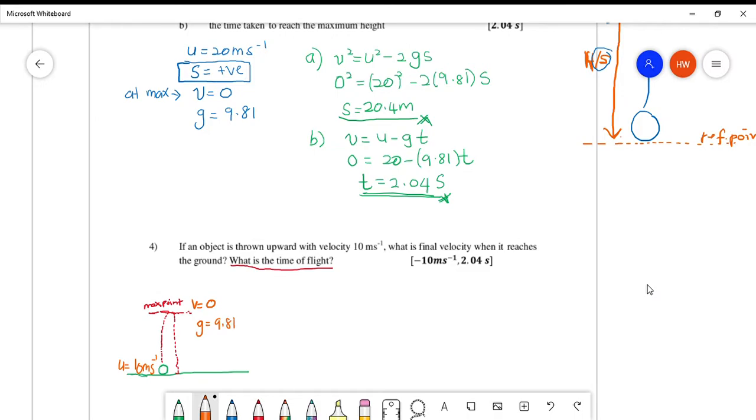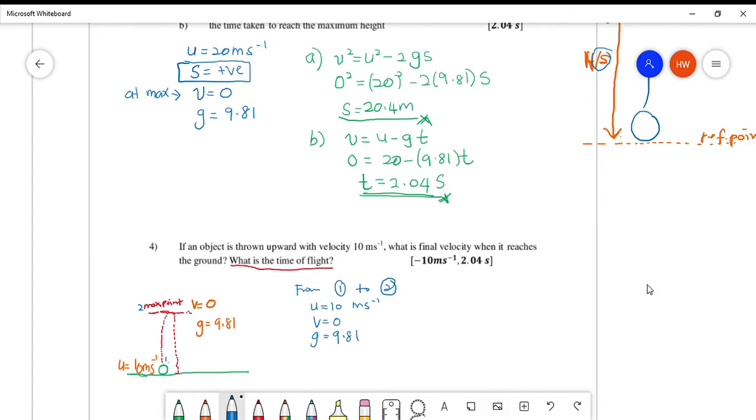Okay, so kita nak cari time. First, kita kena cari dulu daripada point 1 ke point 2, ke maximum point. Okay, from 1 to 2, okay, all we know is that U equals to 10, and then V equals to 0, and G equals to 9.81.